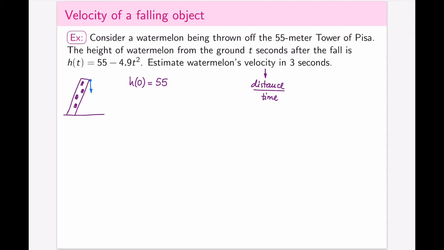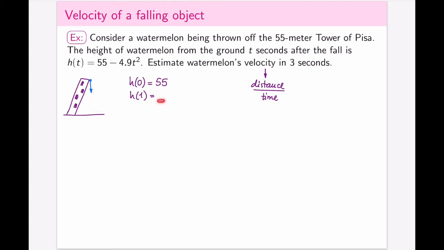Great. Let's compute something like h of 1. So where is the watermelon 1 second after the fall starts happening? Well, one thing is to establish our expectation of what it's going to be. The watermelon starts falling, so in 1 second, it's not going to be as high as 55 meters. It's going to be somewhere on its way down towards the earth.